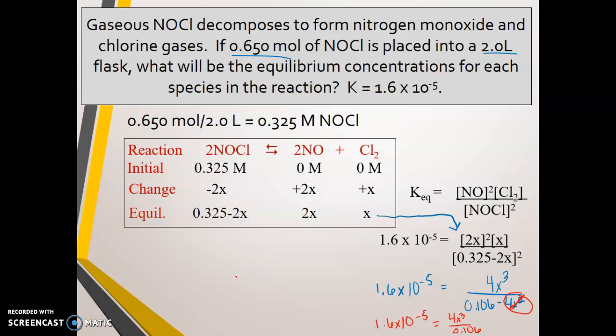So I got 1.7 times 10 to the negative sixth is equal to 4x cubed divided by 4, divided by 4.